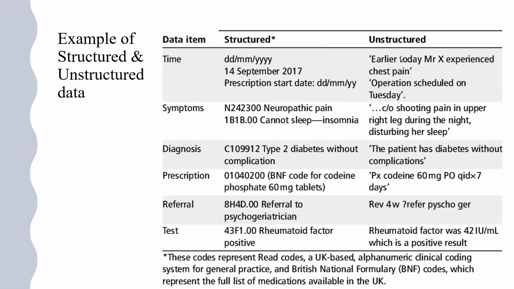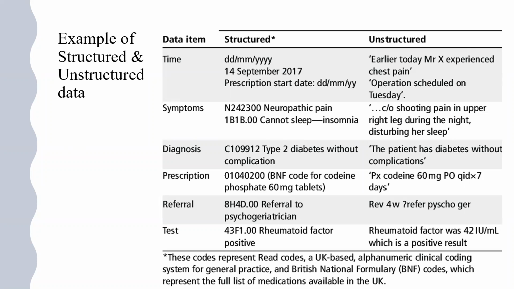Unstructured data is just the text part, whatever the doctor has written. For example, for time, the doctor has written: earlier today, experienced chest pain, operation scheduled on Tuesday. That is the unstructured format of denoting a certain date, whereas in a structured format it becomes a proper date format, which we are all familiar with while working on dashboards or developing any sort of analysis.